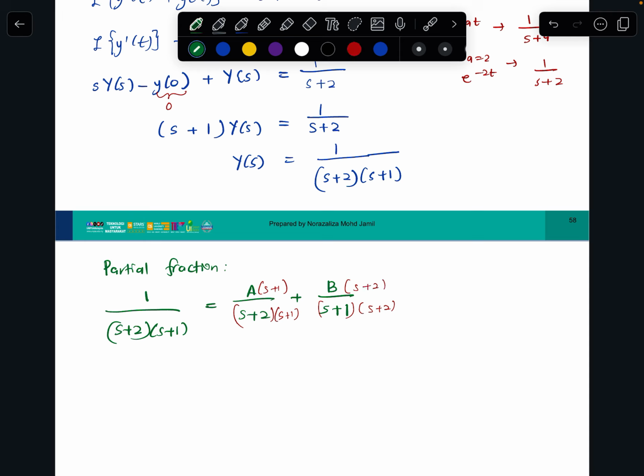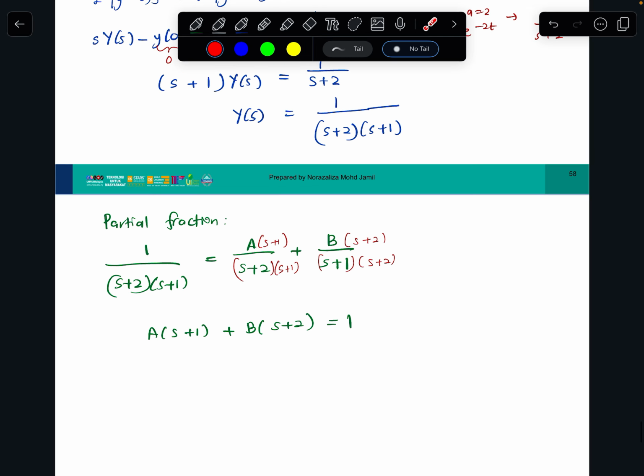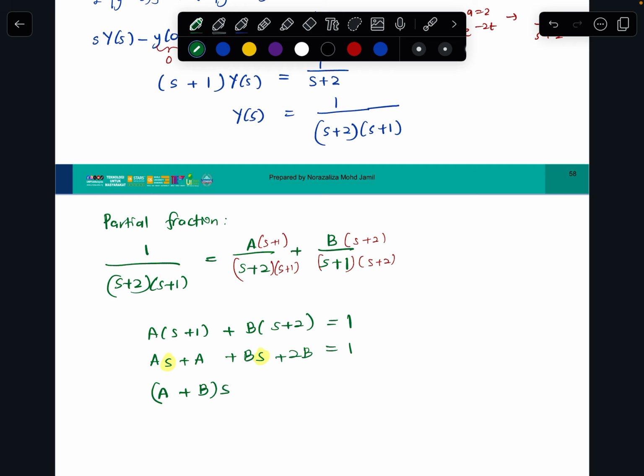So now your equation can be written as a(s plus 1) plus b(s plus 2) equal to 1. Now we want to expand this, so as plus a plus bs plus 2b equal to 1. Now let's collect the similar terms which have the same variable. So you have (a plus b)s and then plus (a plus 2b) as the remaining term equal to 1.